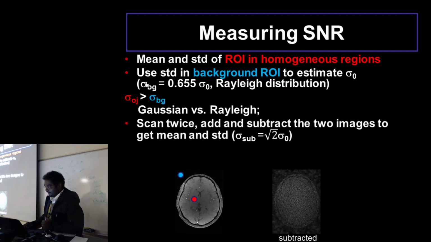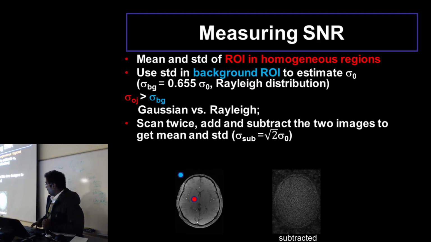So that's essentially Gaussian versus Rayleigh distribution, Rayleigh being in the background region and Gaussian within the signal region. You can also measure the noise by repeating your experiment n number of times and subtracting, and seeing what the noise standard deviation or variance is. Your signal is always the same, so it's only the noise which is uncorrelated.